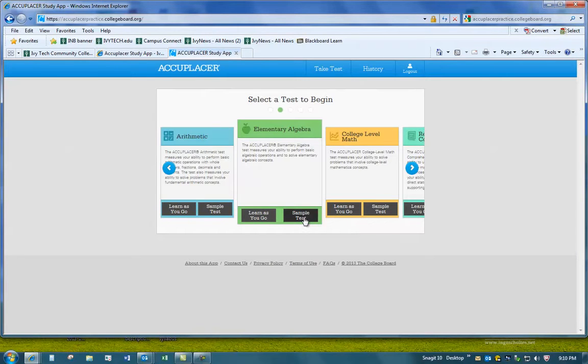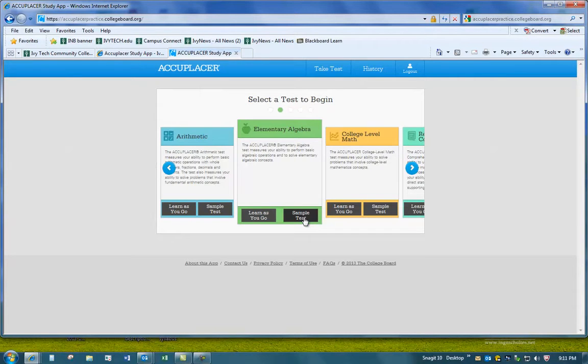If you are in a class that requires a college level math score, physics comes to mind, chemistry, some of the upper level classes require college level math. Your teacher or your guidance counselor will tell you if your class requires both elementary algebra and college level math.